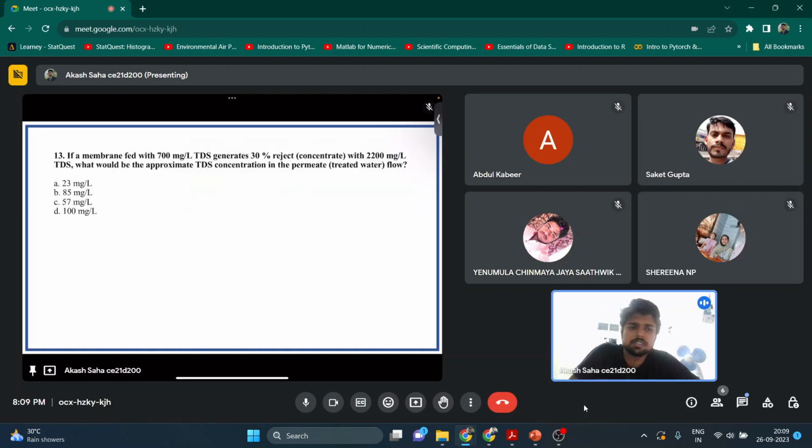Now the last question, it's a small numerical. If a membrane fed with 700 milligram per liter of TDS generates 30% reject with 2200 milligram per liter of TDS, what would be the approximate TDS concentration in the permeate?